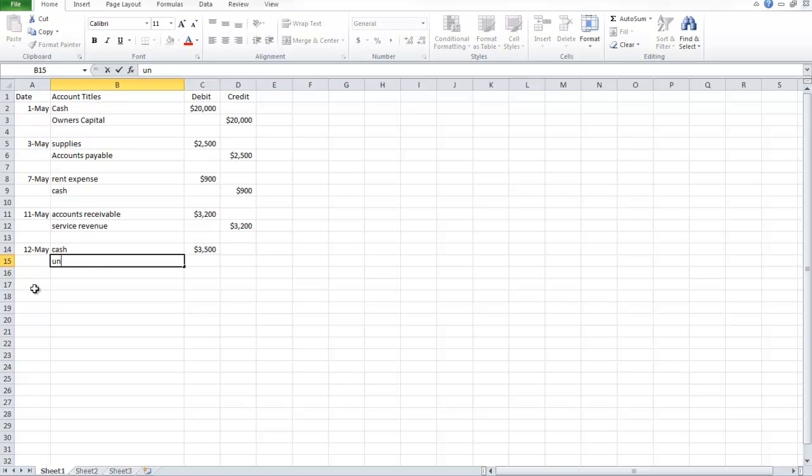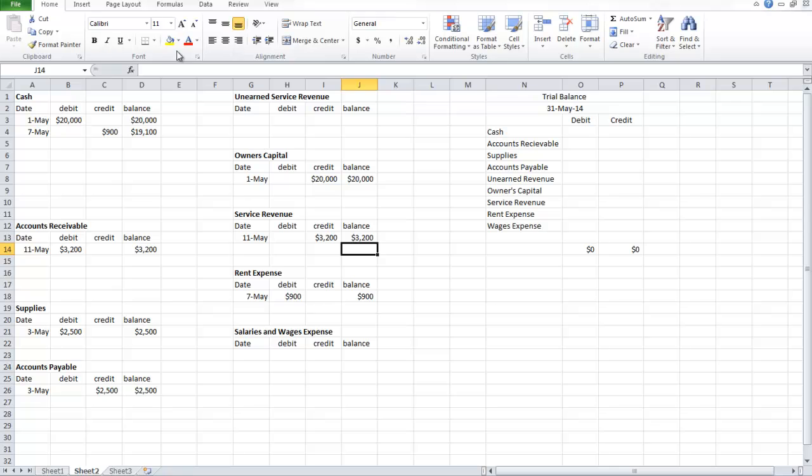In this case, an unearned revenue, which is credited. So on the 12th, again, we receive cash and it's considered a liability, which is credited, an unearned revenue.